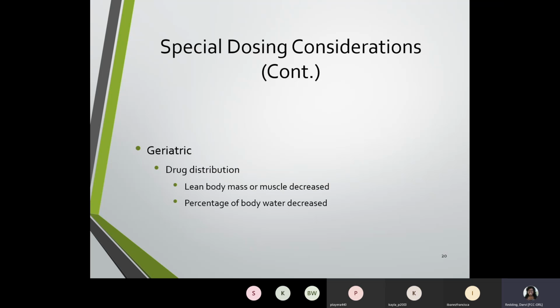So based on what the prescriber has, these are things that they are also taking into consideration. So the drug distribution is greatly affected in the aging adult because the percentage of lean body mass or the muscle, and also the total percentage of the water are lower than in the younger adult. So the drug concentration levels in the body are less because there is less water for a drug to be distributed.